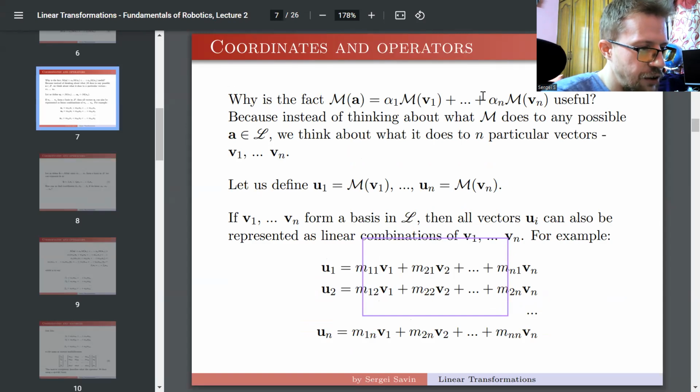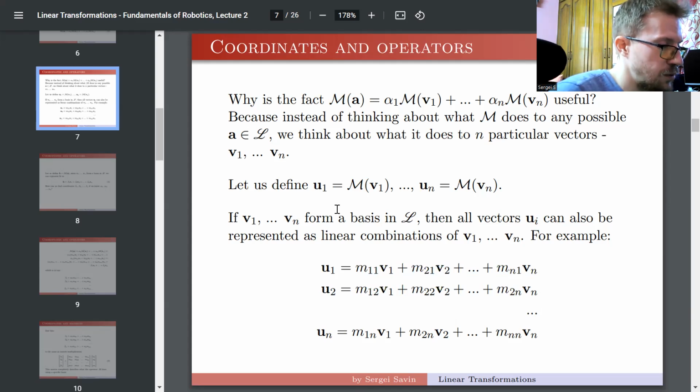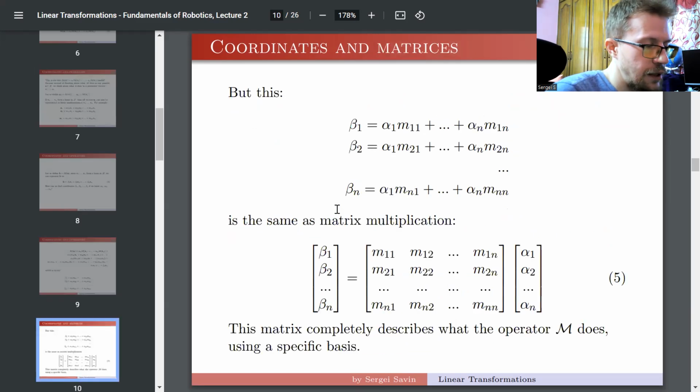We said U1 looks this way after transformation, U2 looks this way after transformation, etc. So that is where the coefficients come from: how the basis is transformed by M. And indeed, how the basis is transformed by M is exactly this matrix that represents this linear transformation.